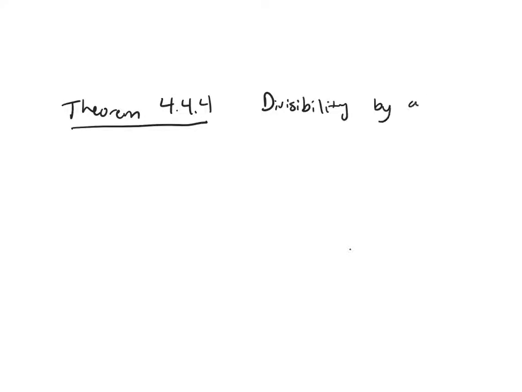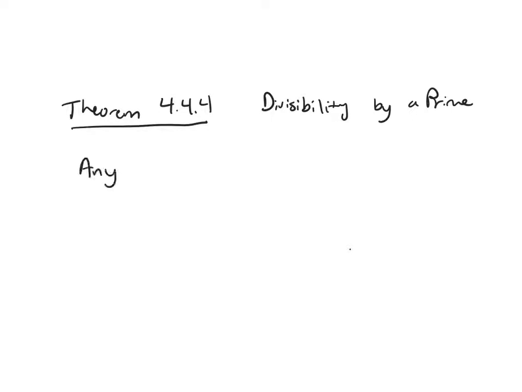So we're going to continue our discussion of divisibility. Remember, we talked about a few theorems. Here's another one, but this has to do with prime numbers. So I'm just going to state what it says.